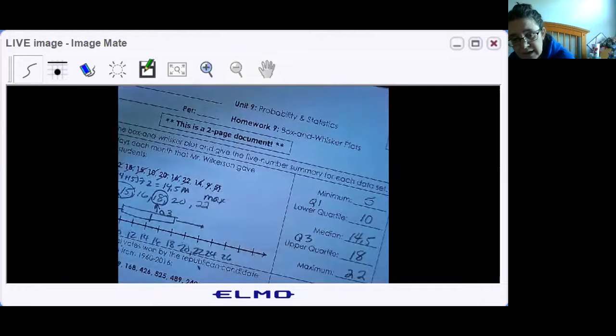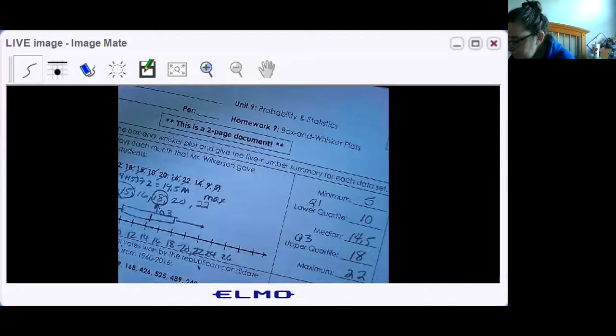The final step is to go to your number line and create your box and whisker plot from the information you found. We draw a line for Q1, median, Q3, and that creates our box. Then we put a dot for our max, a dot for our min, and connect those two dots to the box we built.